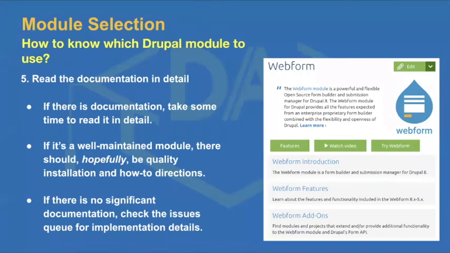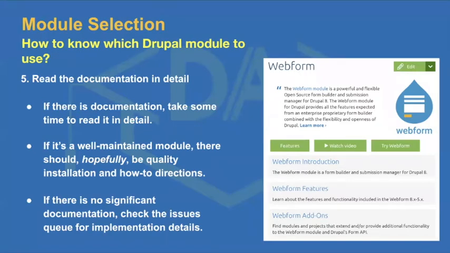And unfortunately, not all modules have good documentation. Webform is a good example of an extraordinary, well-produced and well-curated module with documentation that's thorough and in detail. You probably won't find this everywhere. However, the more documentation, the better.